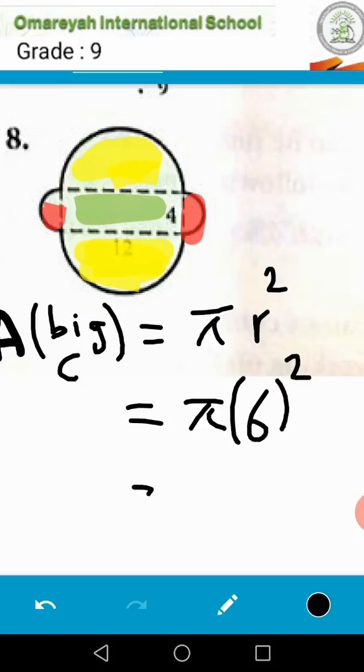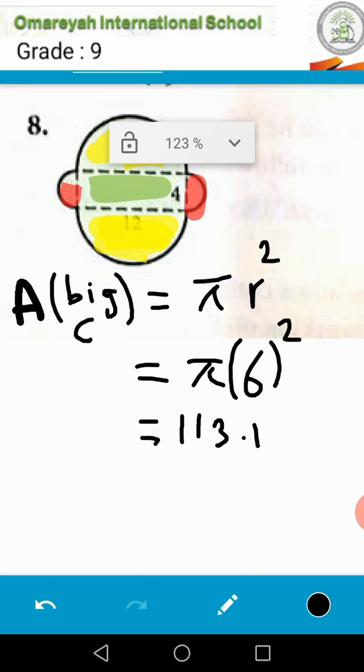Now find the answer in your calculator. 6 squared, which is 36, times pi, you get 113.09, or you can round it to 2 decimal places. So this is the area of the big circle.